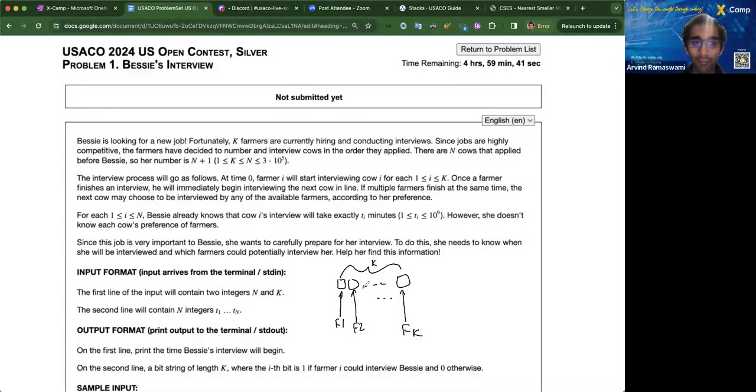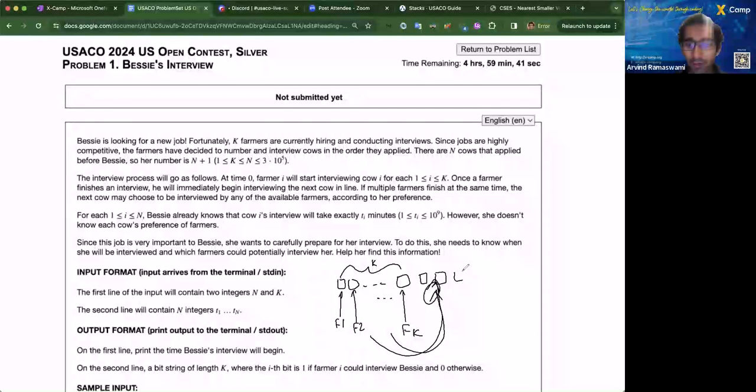Once a farmer finishes interviewing someone, they become available for the next cow. Some farmers at some point will be done interviewing, and the next cow will be able to pick any of the farmers that are ready. And this process happens immediately, right?